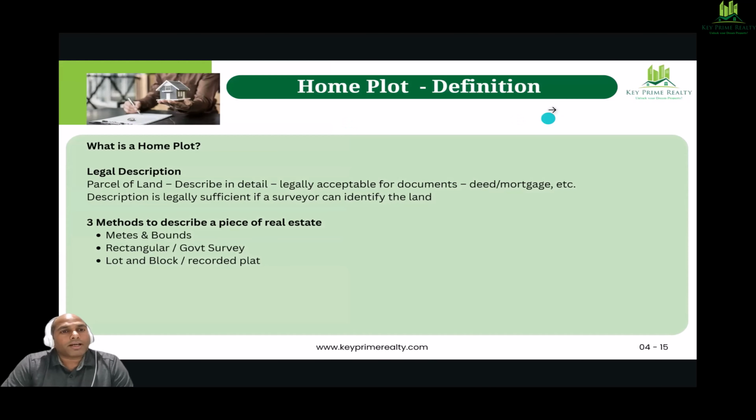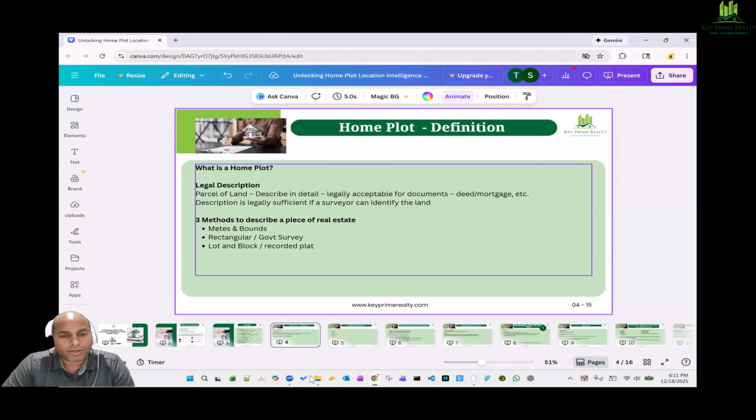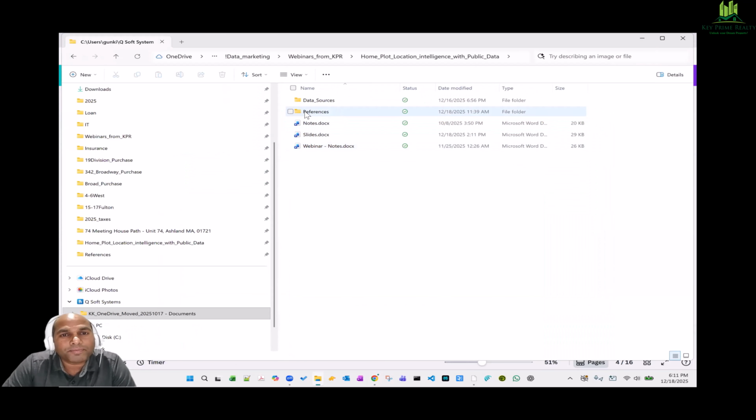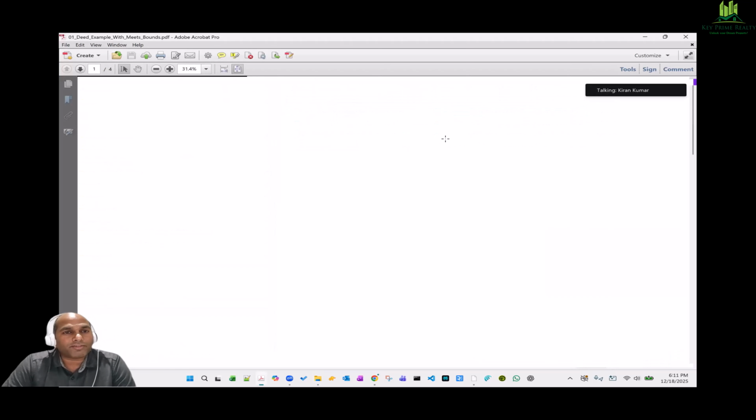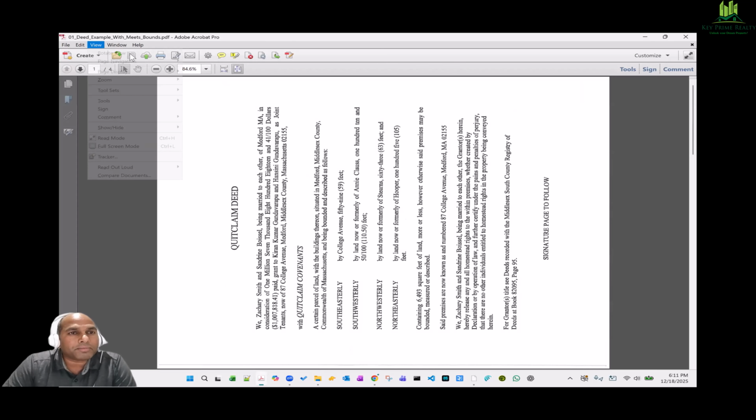Home plot definition. The plot is nothing but a parcel of land legally acceptable for documents. If you look at the deed or mortgage, the plot of land is defined in a specific manner. So let's take the deed, for example, of this particular property.